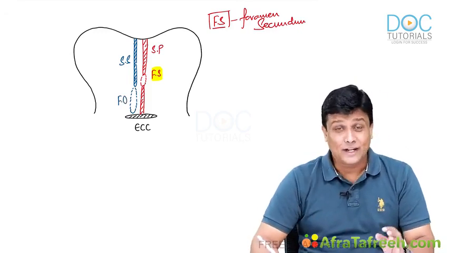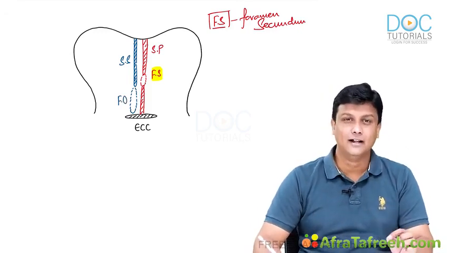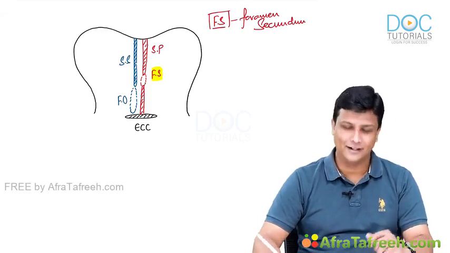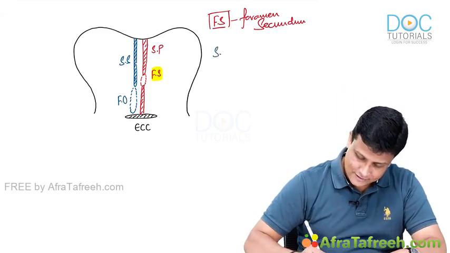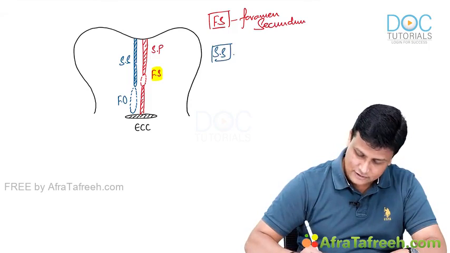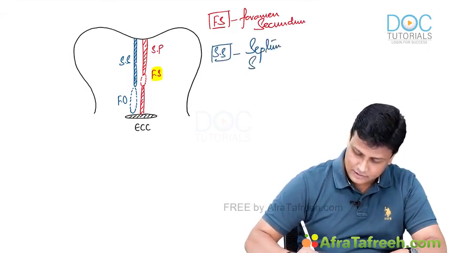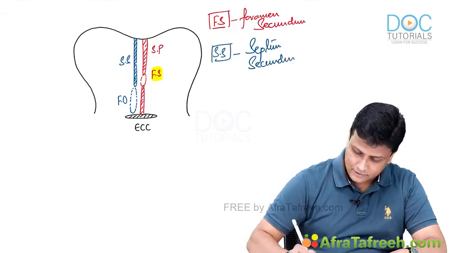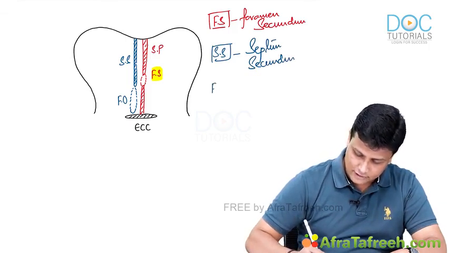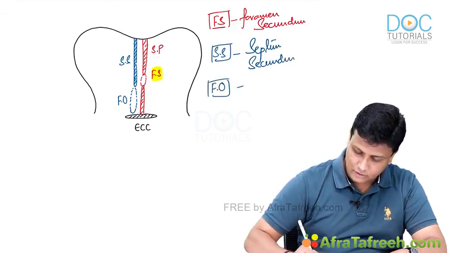So what is the foramen present in the septum secundum? That is foramen ovale. So S here stands for septum secundum, whereas FO here stands for foramen ovale.